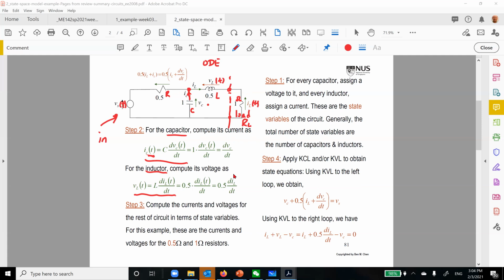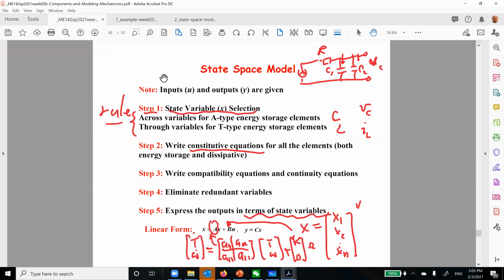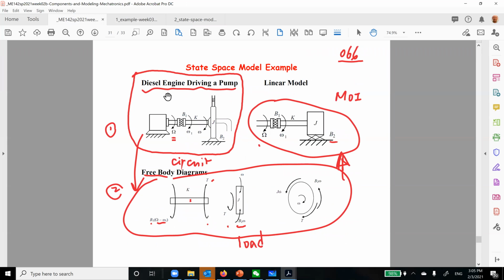Now we have KVL, KCL. We know this one very well. What I'm trying to say is, in the example we have shown here, to me there's no difference between a mechanical system and an electrical system. You just get used to the way of thinking here.